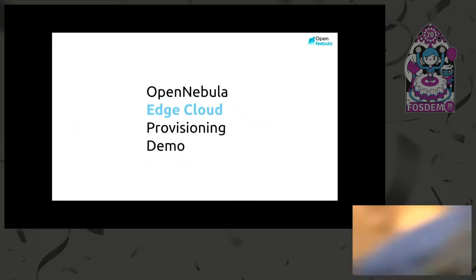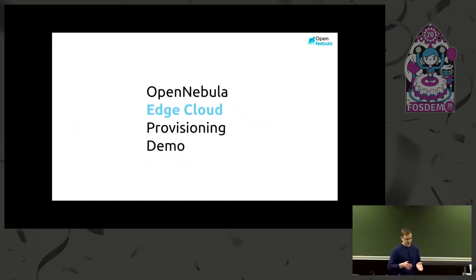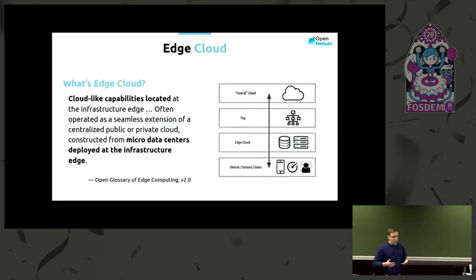Now let's focus on the edge cloud. What is edge cloud for us? Edge clouds are micro data centers with some kind of cloud-like capabilities, deployed very near to the end users or end devices they need to interact with.